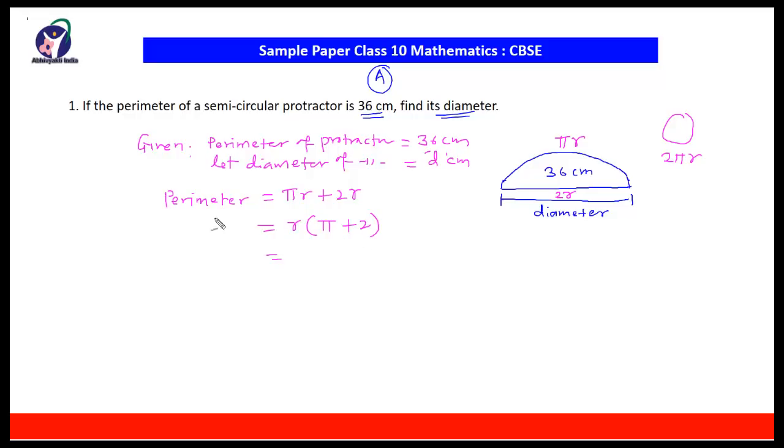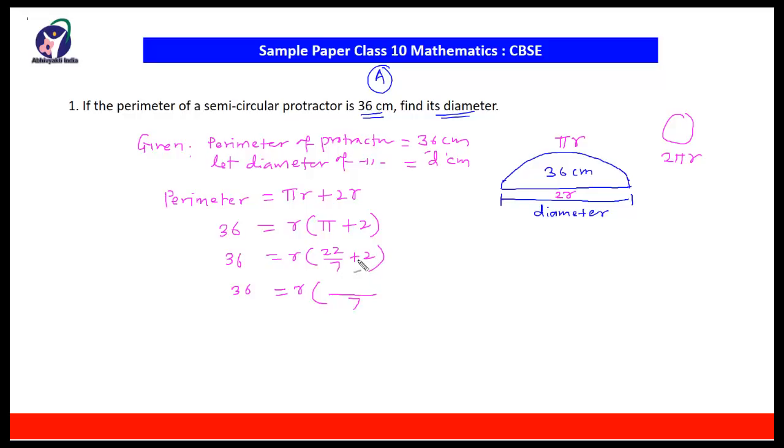Now solve this. The perimeter is given as 36, so replace it by 36. So 36 is equal to r into pi, that is 22 by 7, plus 2. We will solve this bracket further. Take the LCM as 7.